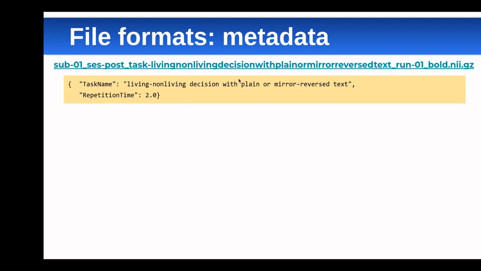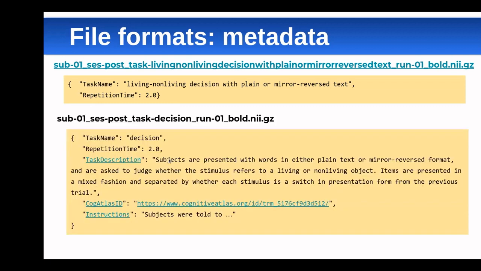A better way to use those JSON files to record metadata about your experiments in general is to do the following: stick to a much shorter name, for example, for your task just call it decision, and then use all the extra fields that BIDS provides you to add more information to your data set. Here you have a task description field that allows you to put as much information as you want describing the task and what it was about.